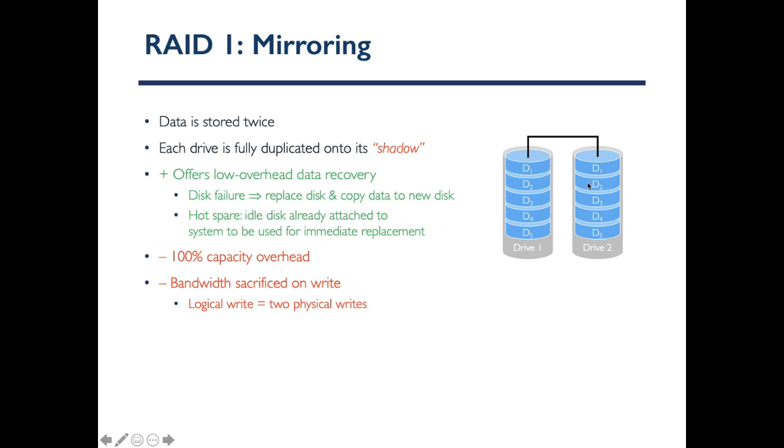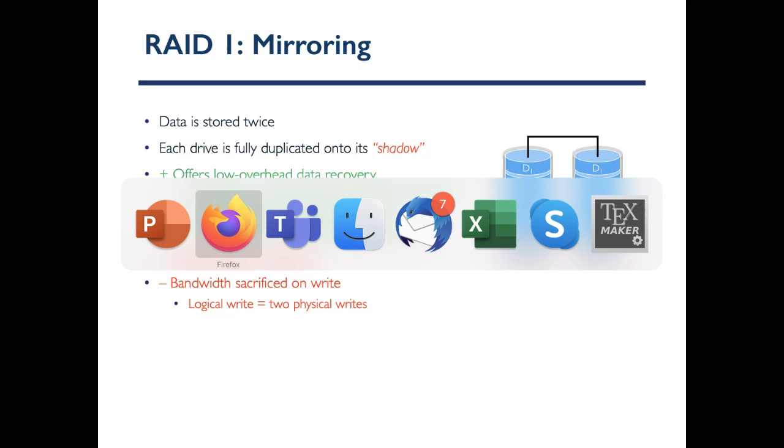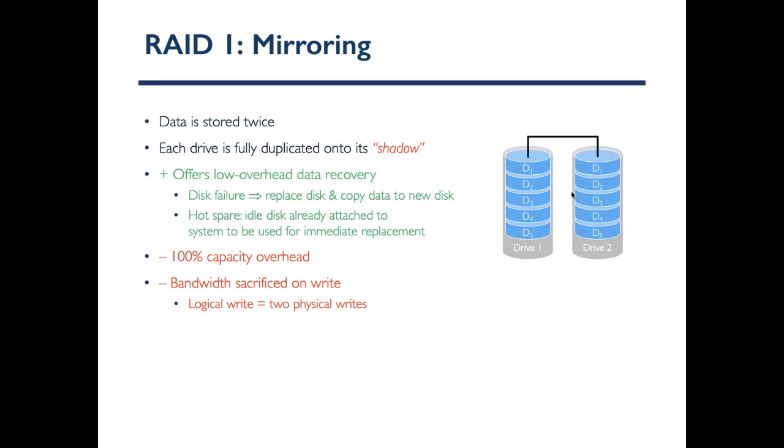So in this case, if one of the disk drives fails, you still have your data. Now, it's introducing a lot of overhead. You're basically having 100% capacity overhead because of this. And this is not that efficient. So what to do?